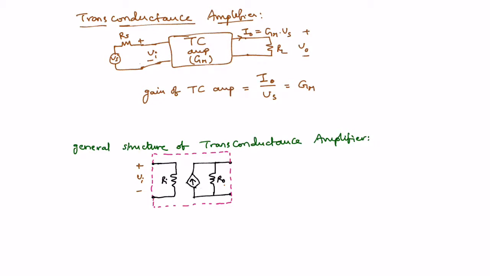The actual current source is Gm times Vi, the effective input signal multiplied by the gain Gm. Now add the source resistance Rs with Vs, and the load resistance RL.